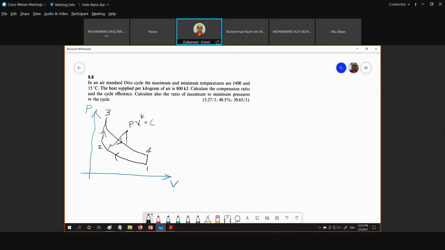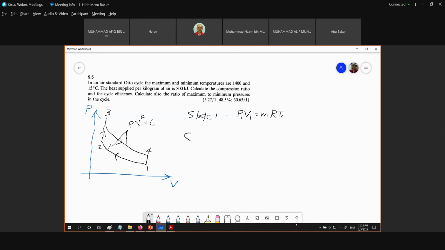If we look at state 1, we have the equation P1 V1 equal to mRT1.